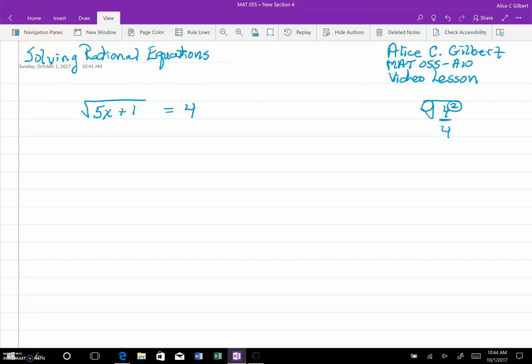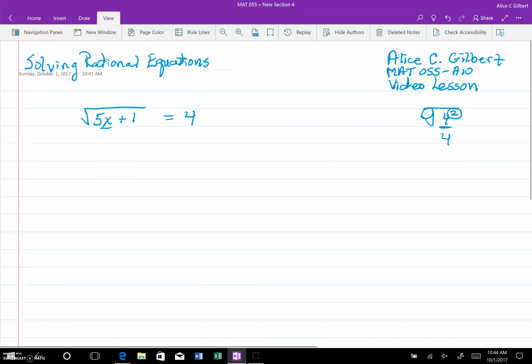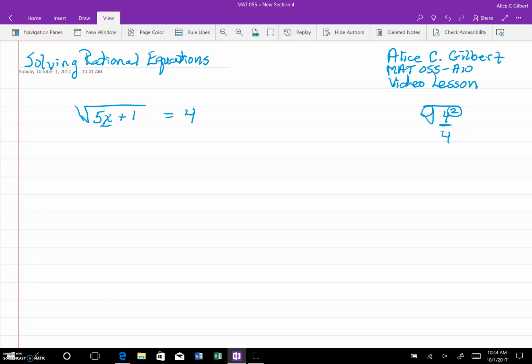So my ultimate goal here is to solve for this x, so I get x equals, but I can't do anything with him as long as he's underneath the radical. So this is a square root, meaning my index is a 2, okay? So I need to get this and this to match.